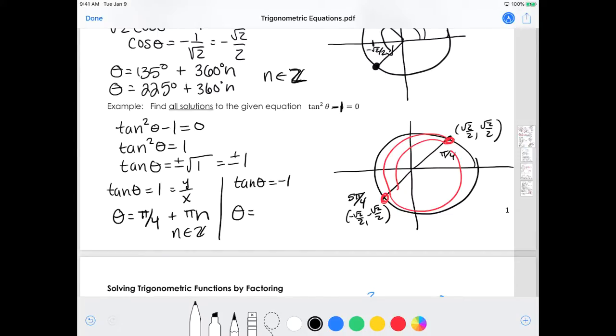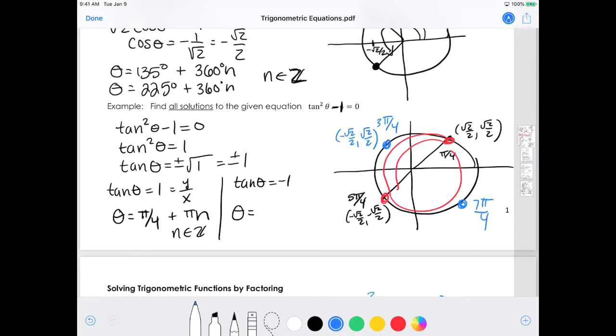is negative 1, that's where y and x are the same value with opposite signs. So the 2 places that could be, I'll do those in blue, are here and here, at 3 pi over 4 and at 7 pi over 4. At 3 pi over 4, we have the point negative square root of 2 over 2, positive square root of 2 over 2.